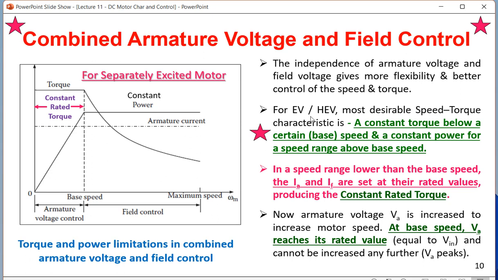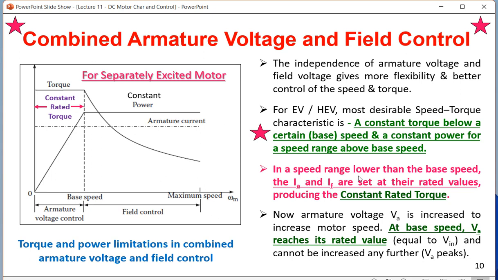For EV, HEV, the most desirable speed torque characteristic is a constant torque below a certain base speed and a constant power for a wide range above the base speed. So you are finding from here, from this base speed to here, speed is constantly increasing, torque is constantly decreasing, and power is constant, because power is equal to torque into speed.